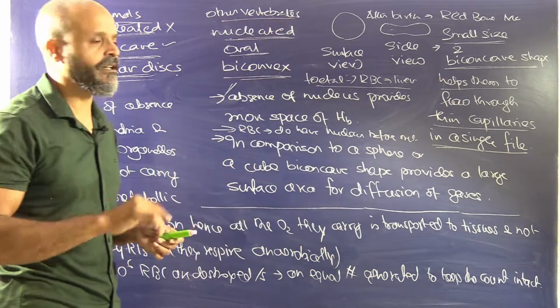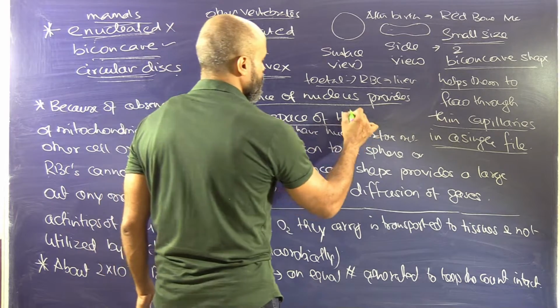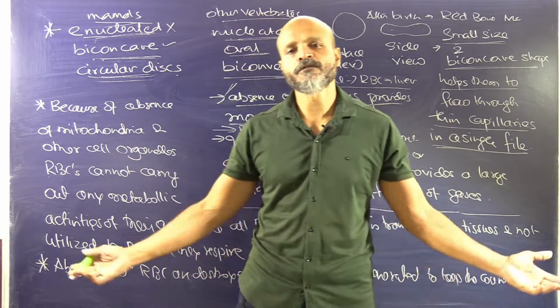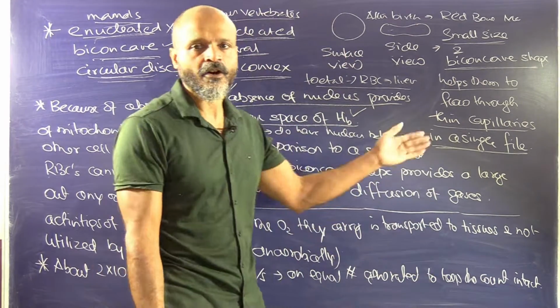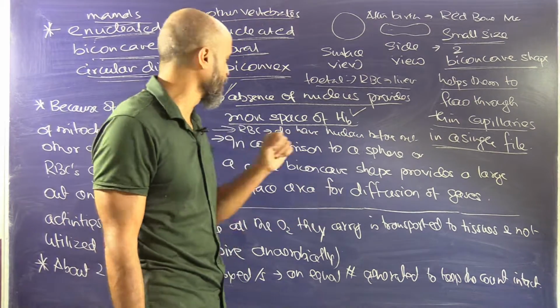After they are mature, they will lack a nucleus. The absence of a nucleus provides more space for hemoglobin, because the primary function is to carry oxygen, and hence the absence of a nucleus will provide them more space for hemoglobin.